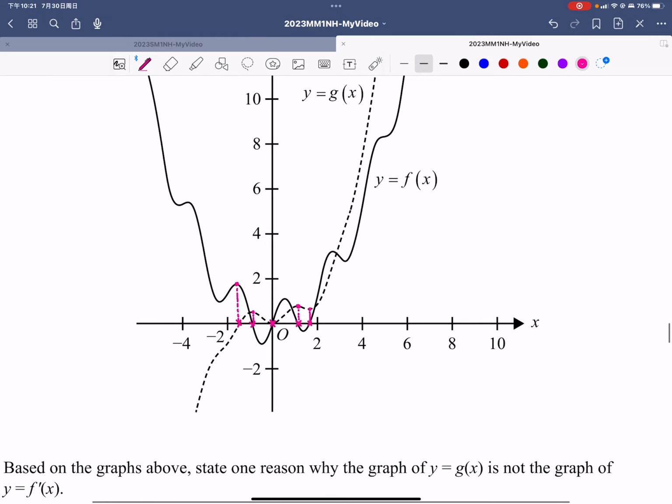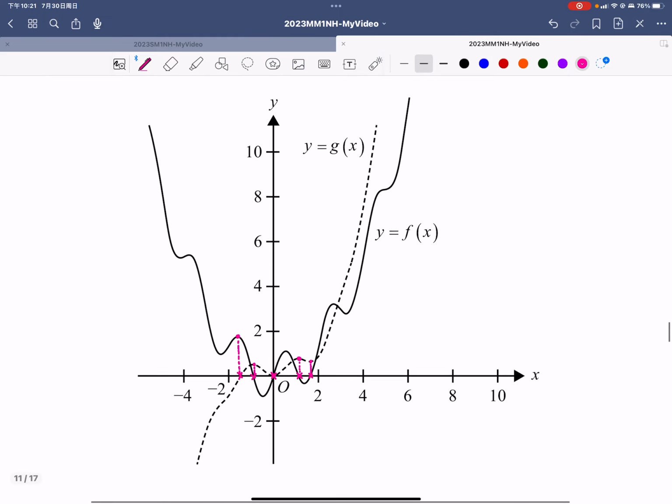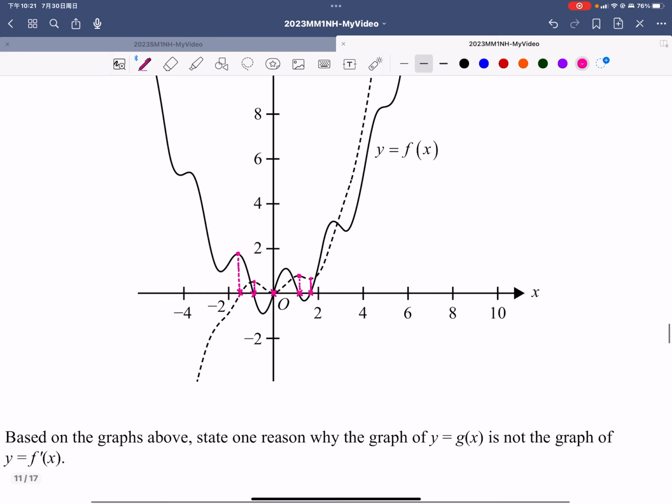So basically, right, how should I, actually this is not a stationary point on g.